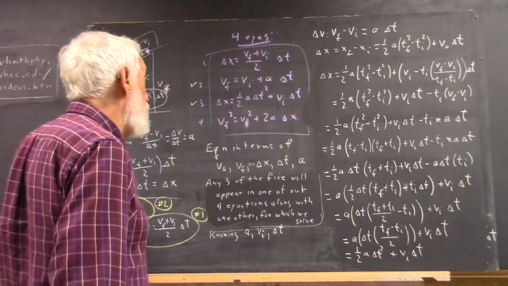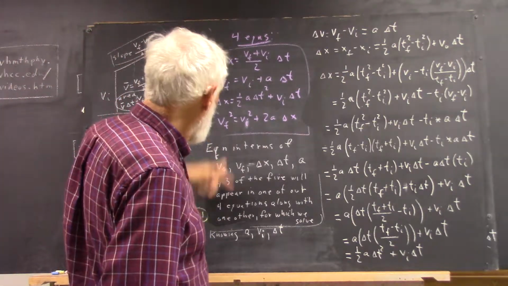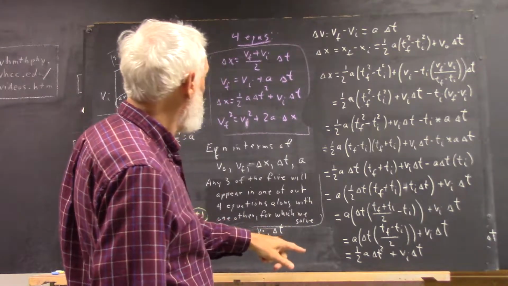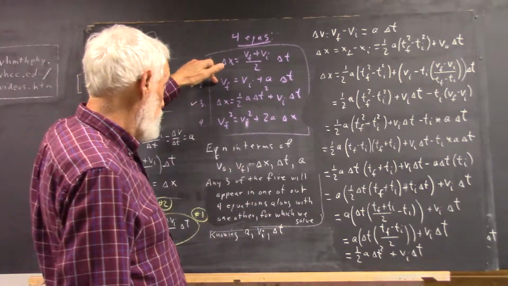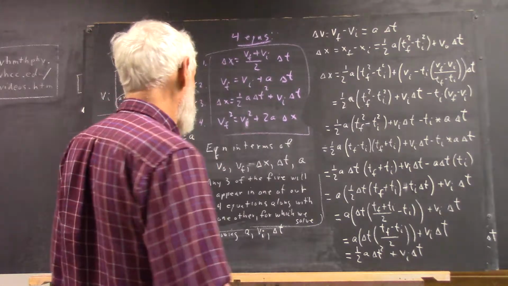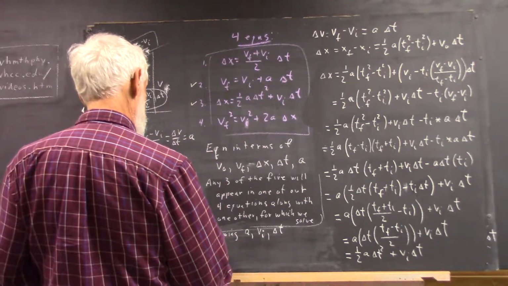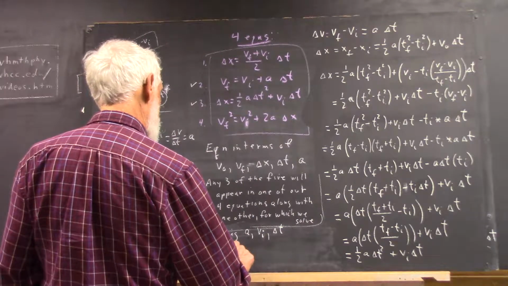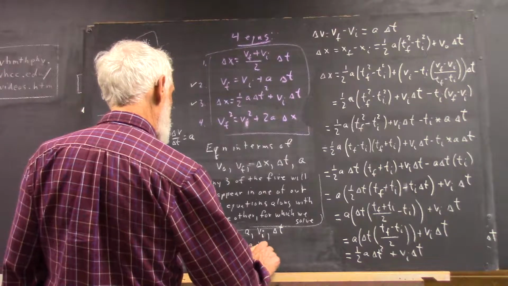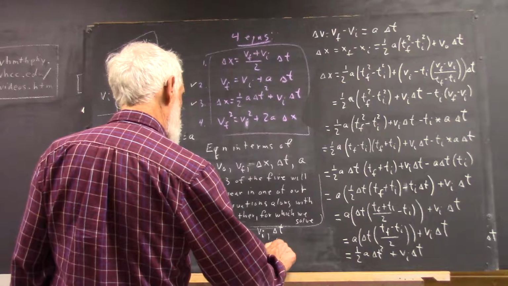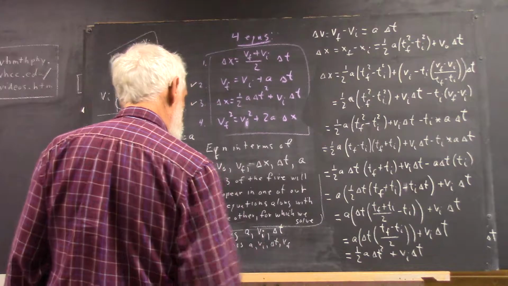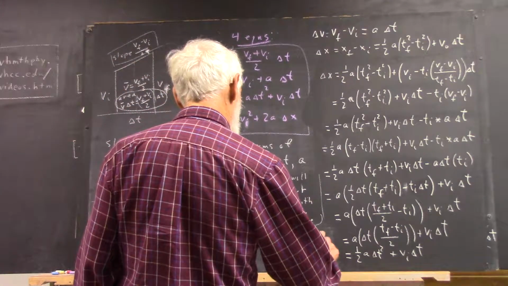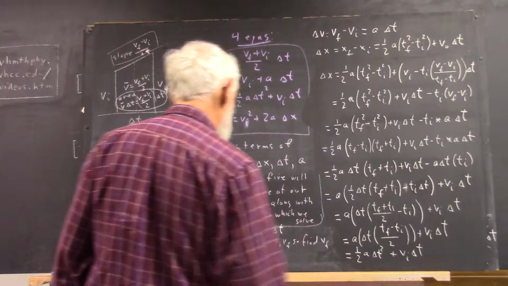So, using the second equation, these three variables occur in this equation along with VF. The second equation has A, VI, delta t, and VF. So we can find VF.